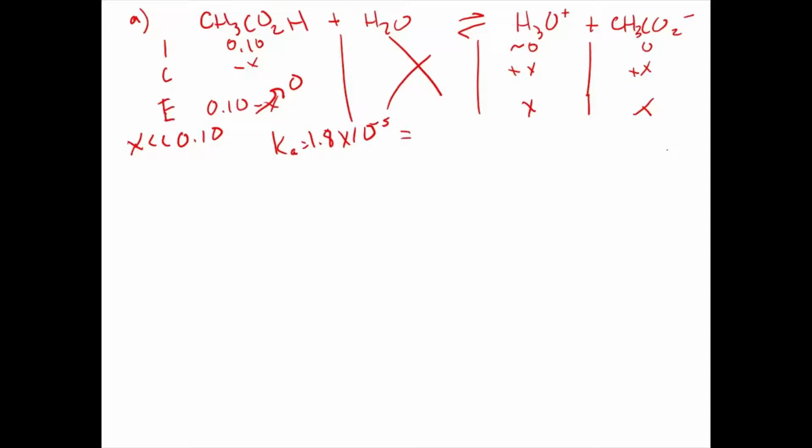So now that is equal to X times X over 0.10. And then using that, solving for X, we get, so let's see, we do clear 1.8 e to the negative fifth times 0.1, take the square root.